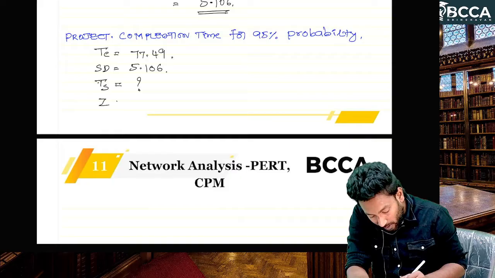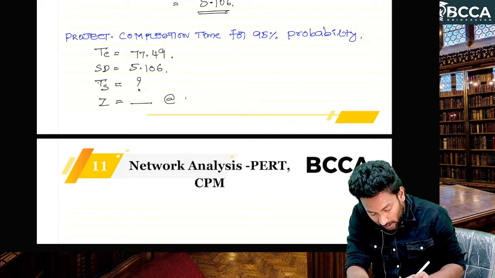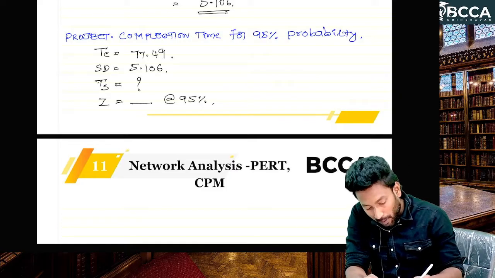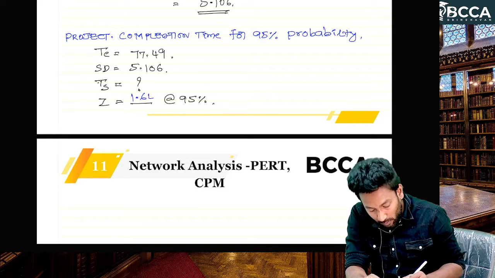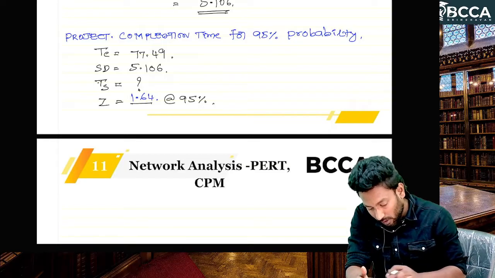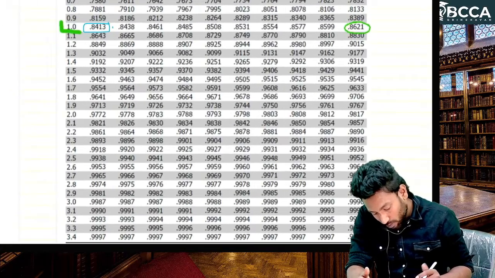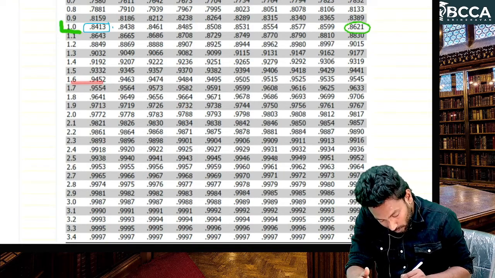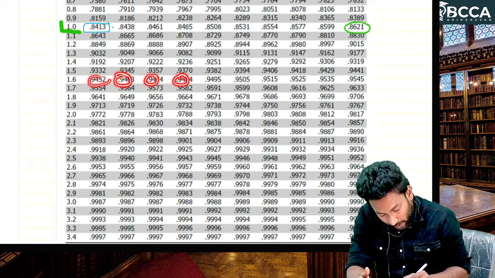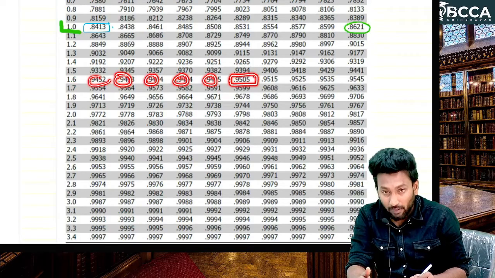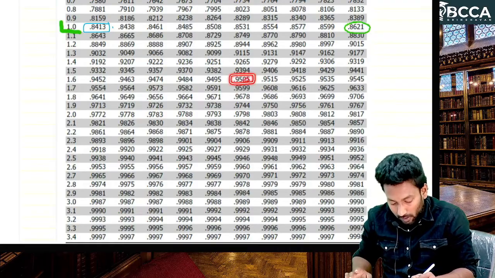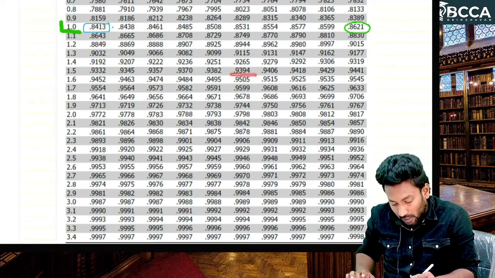What is the Z value at 95% of probability? At 95% probability, Z value will be 1.64 something, sir. In this question they haven't given it, but in the table, in this row, 94, 94, 94, the first time we get 95, sir. So here we have 95.05. Leave that 0.05. This is 95% of probability.